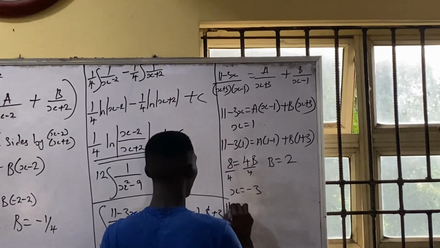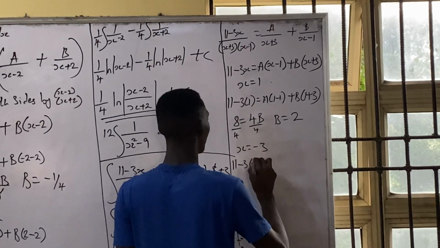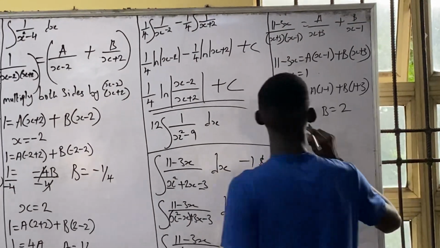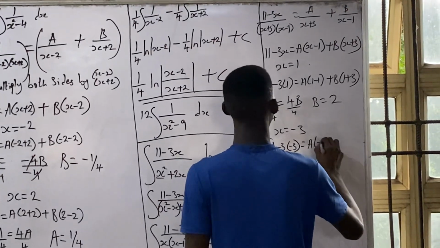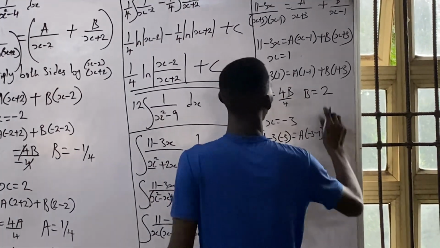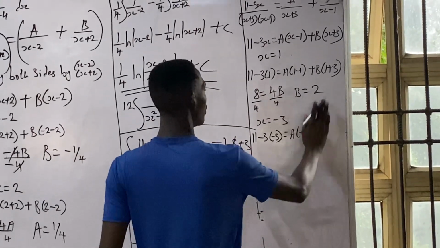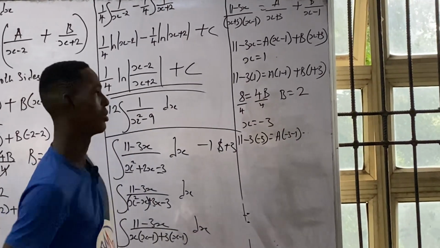This will be 11 minus 3 open bracket minus 3 close bracket is equal to a in bracket minus 3 minus 1 plus b times 0, so let's just disregard that for now. We have to save our time.